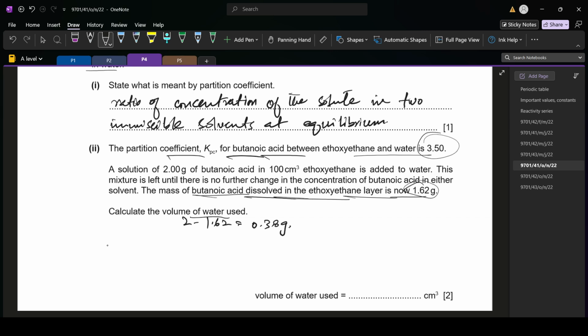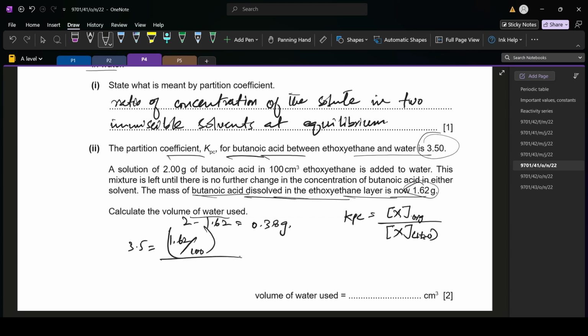Now you have to calculate the volume of water which is used. The formula for the KPC is concentration of X in, let's say, an organic solvent, and in water. The KPC value is given to you, which is 3.5. The concentration of butanoic acid in the ethoxyethane is going to be 1.65 divided by 100.